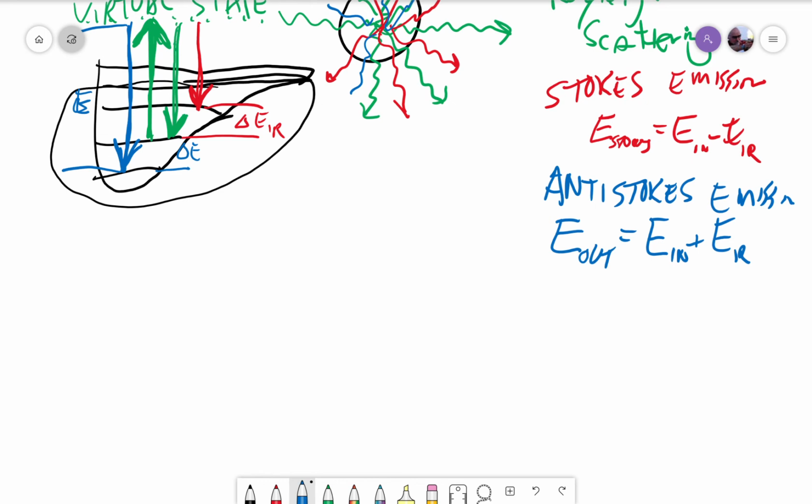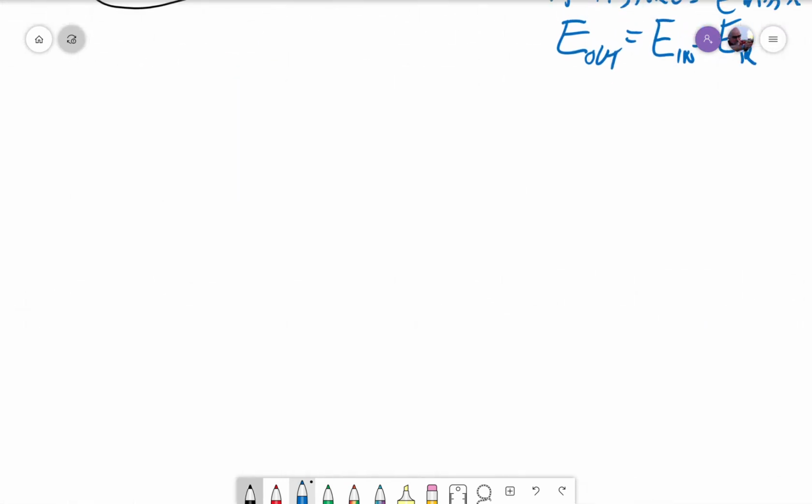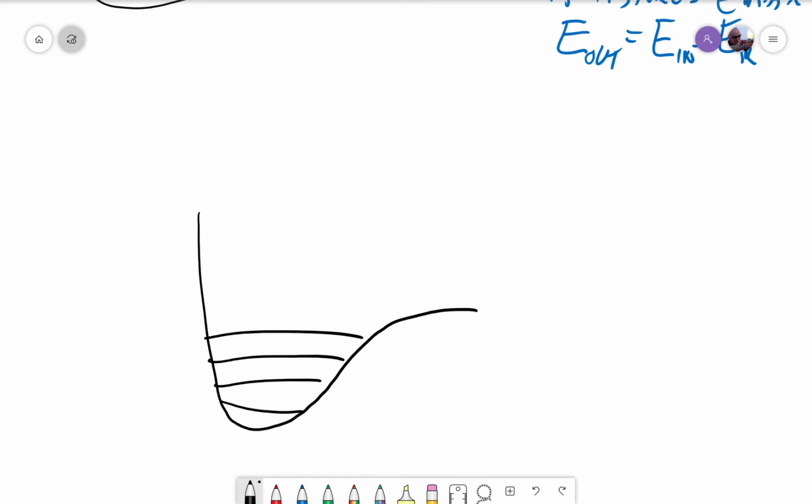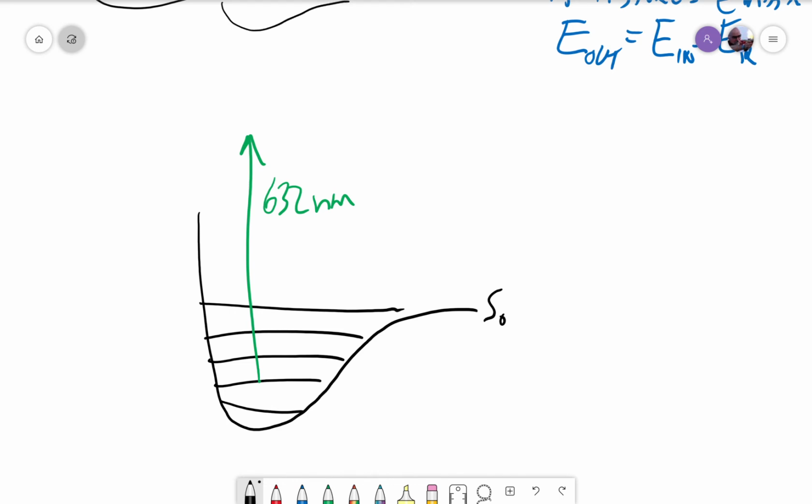Let's look at a specific example. We have a ground vibration, ground state, and we put in a photon of 632 nanometers. Let's say that photon of 632 nanometers is not enough to reach the next electronic state.